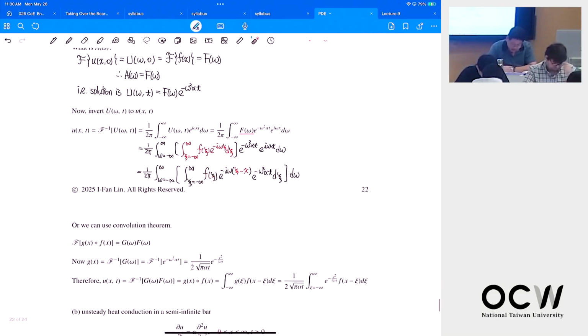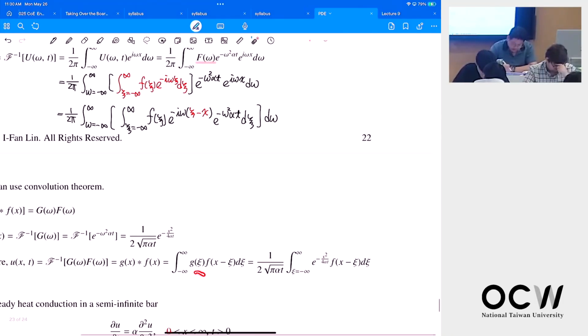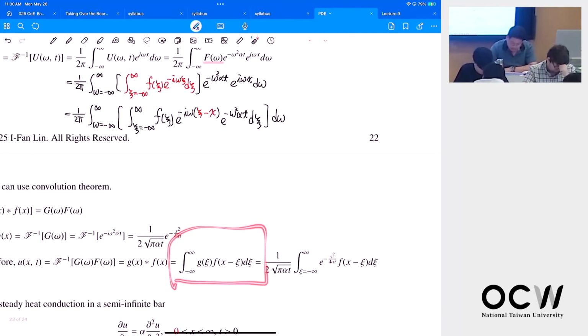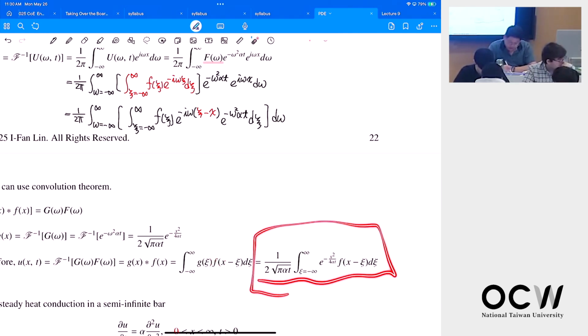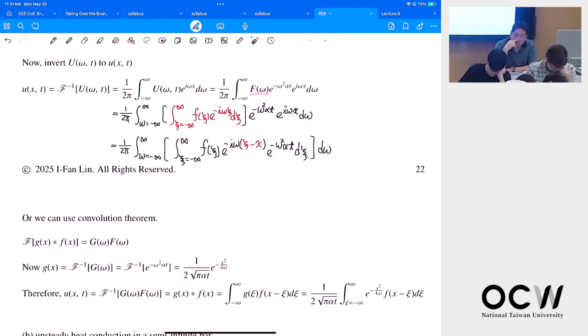Okay, so when I do the convolution, here's the convolution. So we flip g, and we choose f to flip and shift. So that's overall here. All right, depending on what function f you have, you can find the result later.